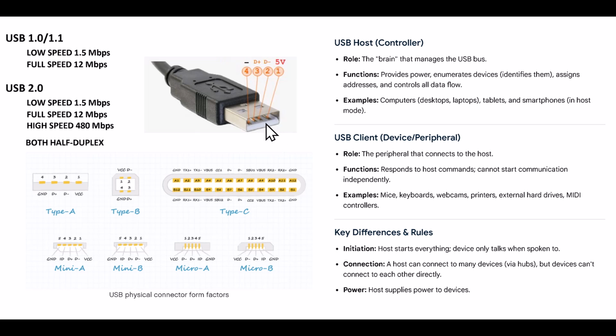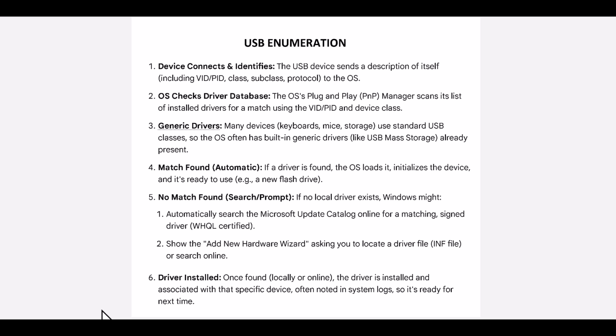Once they have their speed established and there's connection, then the host requests the client to send it its information, and that process of connecting and sending the information is called enumeration.